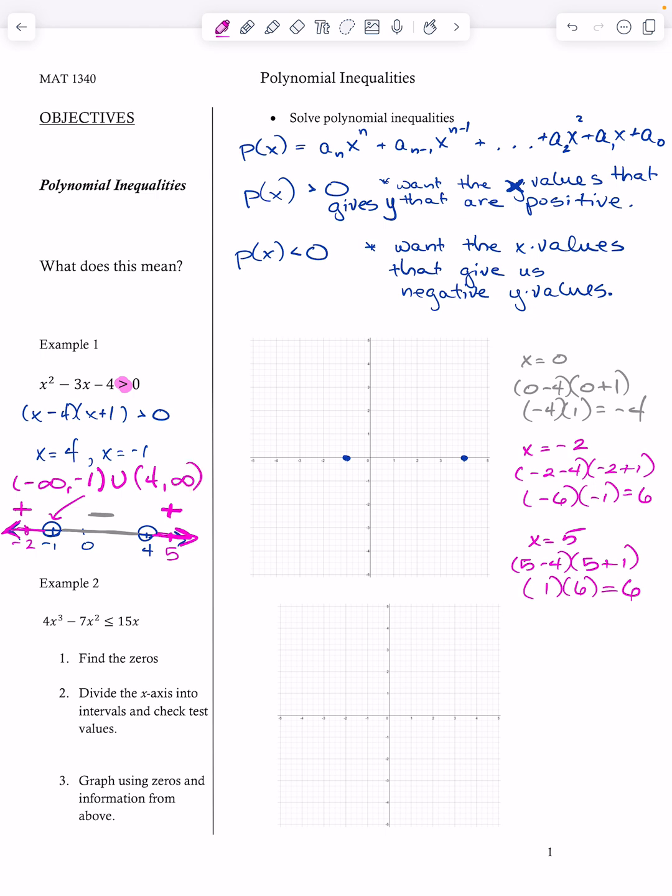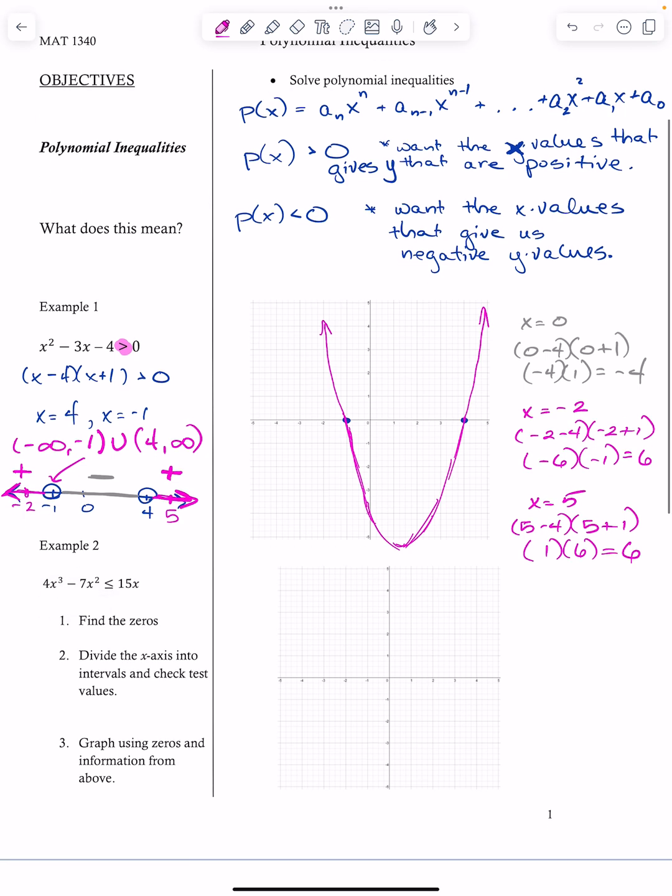Now, if I were going to graph this, I know my low point would be halfway between. My leading coefficient is positive 1, so if I'm super comfortable with how I graph these, I could have figured this out just by sketching the graph, or knowing that this is going to open up. And so outside of my 2 zeros is where I'm going to have positive values.